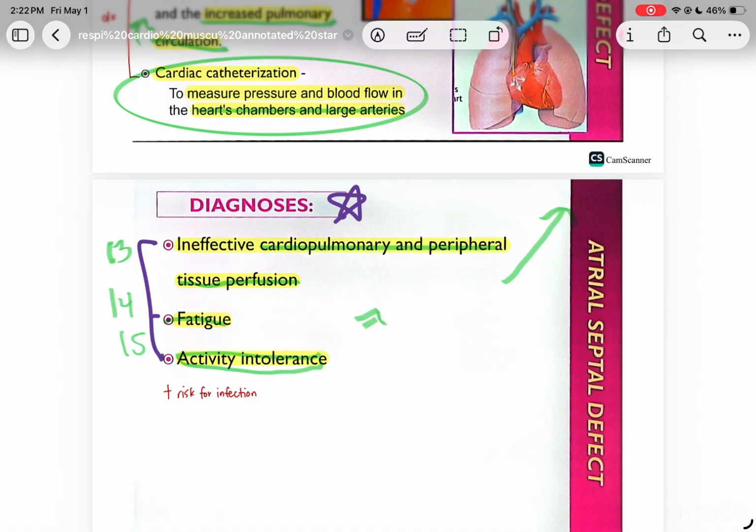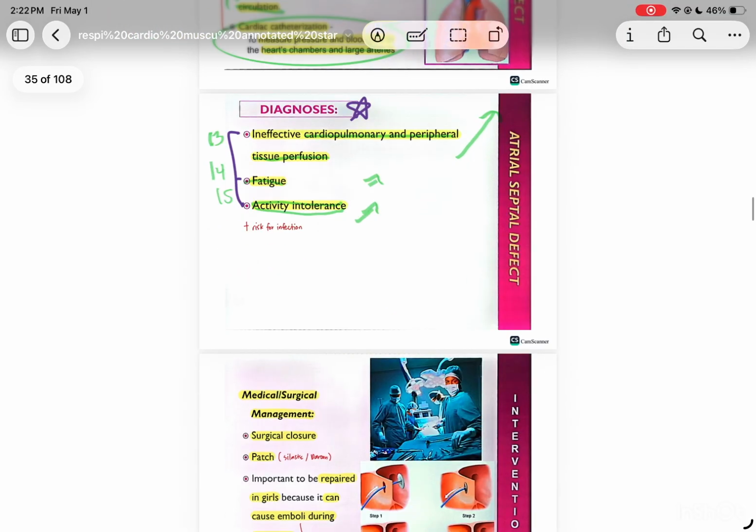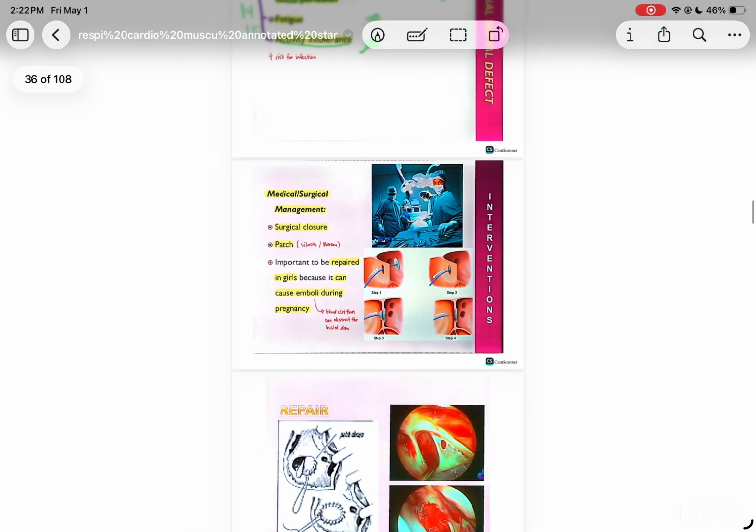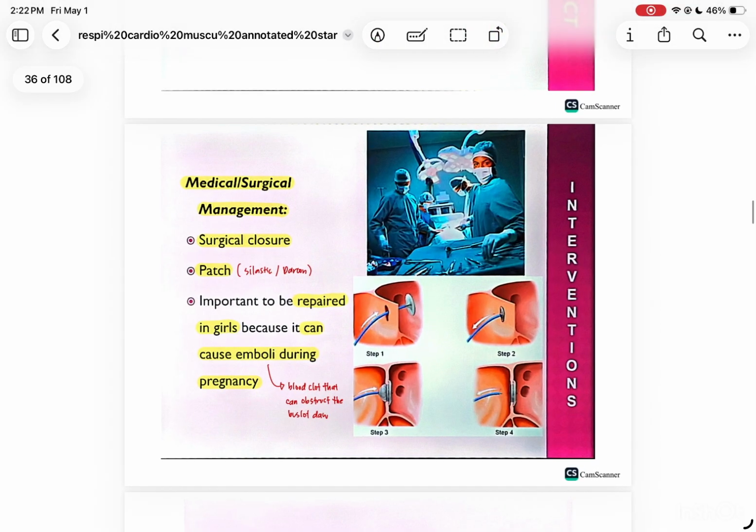So, how do we diagnose this? We have ineffective cardiopulmonary and peripheral tissue perfusion, fatigue, and activity intolerance.